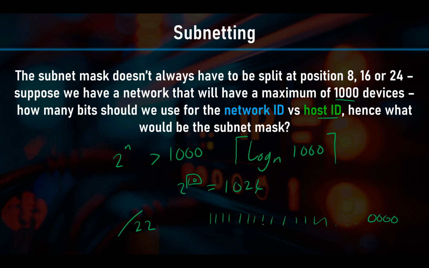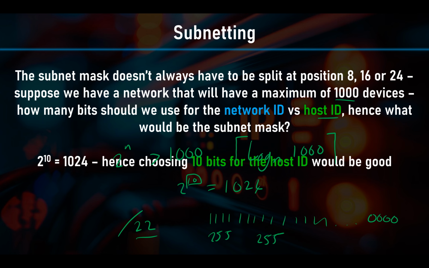To be honest, you'd have to add them up. For 22, that's 255, 255 for the first 16. Then you're going to have 6 ones: 128 plus 64 plus 32 plus 16 plus 8 plus 4.